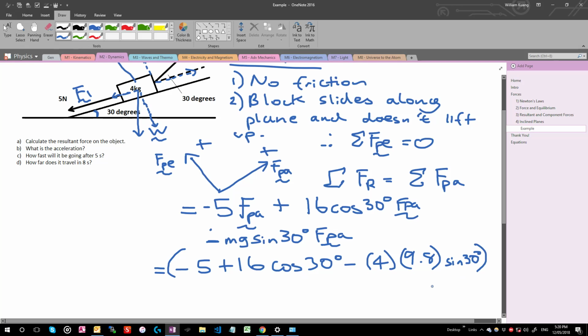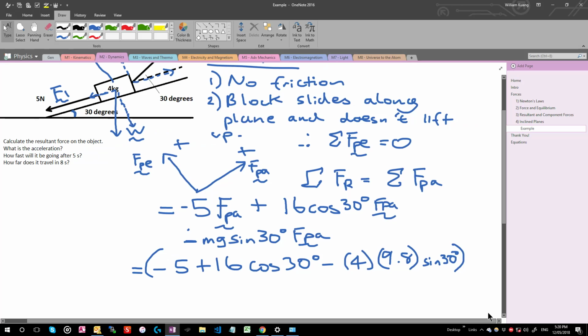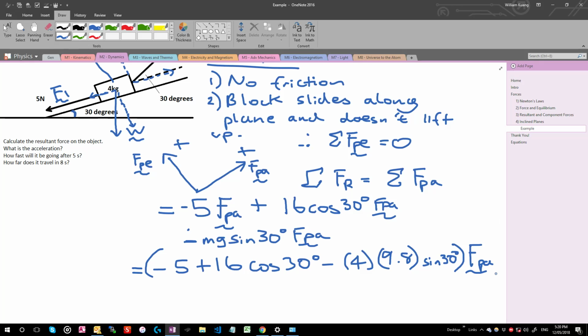The reason why I did brackets was because we can just do FPA. It saves me the hassle of writing FPA over and over again on the outside. FPA is just there to tell you the direction.